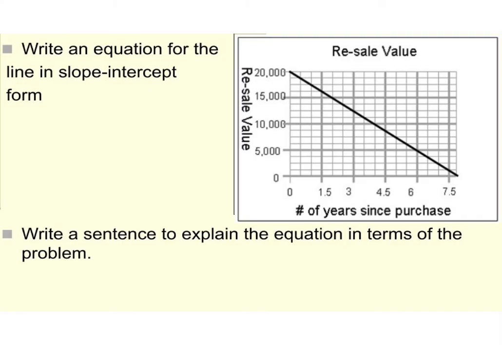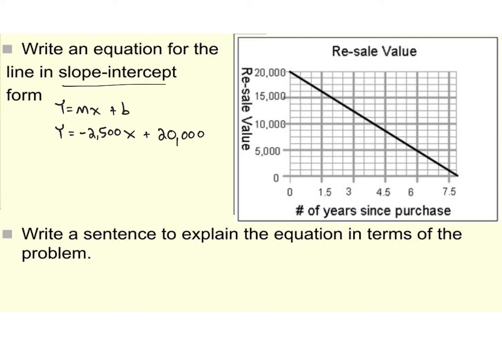So now we can write an equation for that graph. We want slope-intercept form, so y equals mx plus b. So plug in your y. y is equal to negative 2,500x plus 20,000.